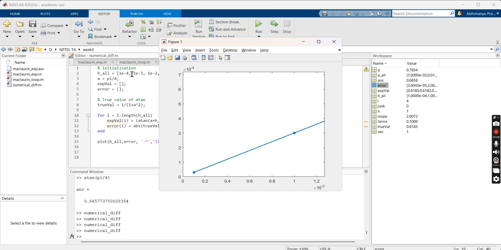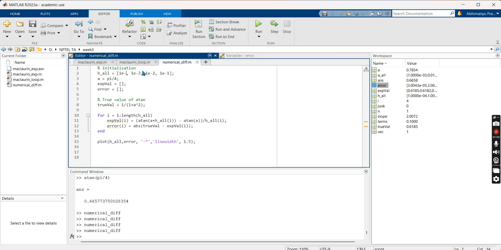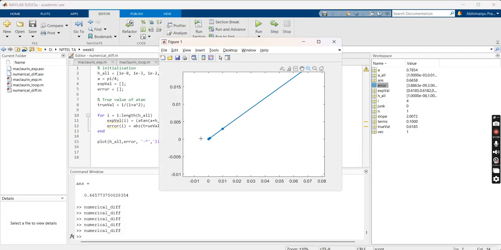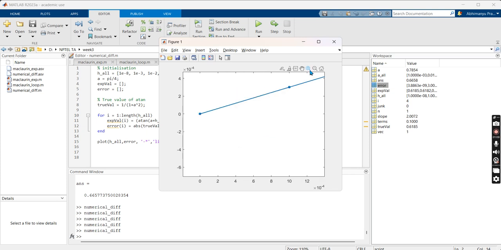If I decrease my h even further, the error is 3.88 times 10 to the power minus 9, so it is even closer to 0.